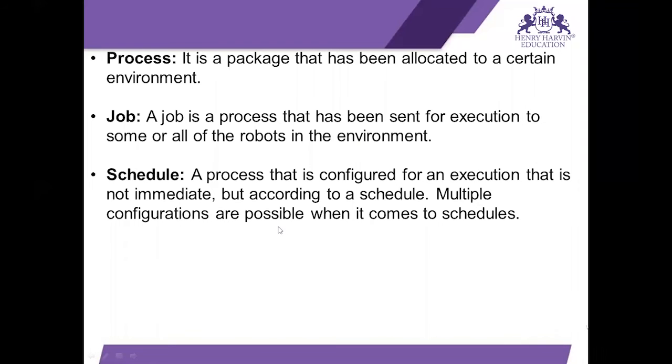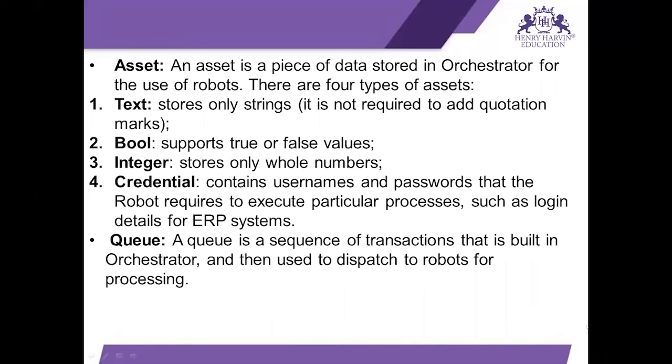Multiple configurations are possible when it comes to schedules. Next important term is asset. An asset is a piece of data stored in Orchestrator for the use of robots. There are four types of assets: text, bool or boolean, integer, and credential.